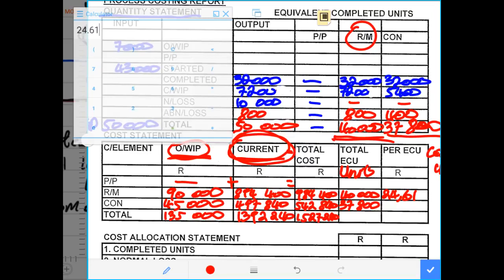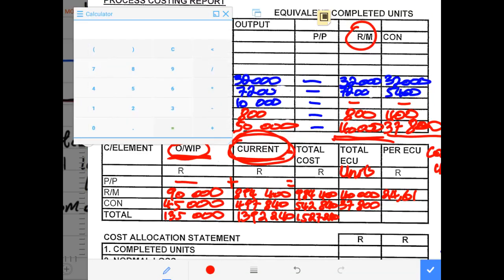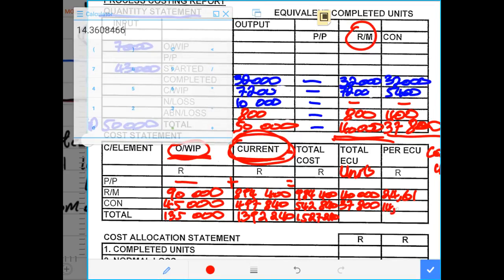Then we calculate the conversion cost per unit, which is the total cost of 542,840 divided by the total units, 37,800. That gives us 14.360805.